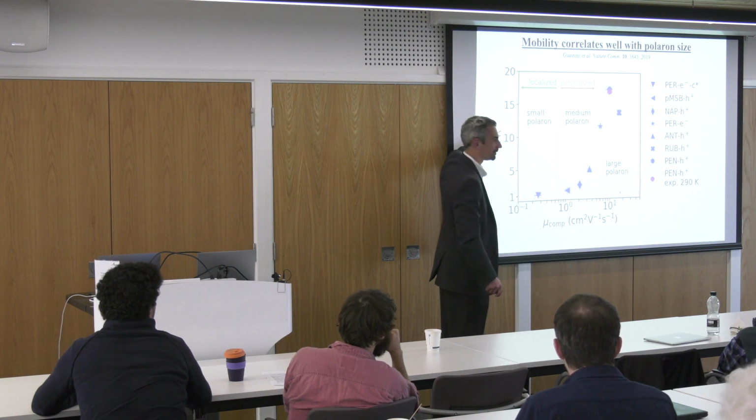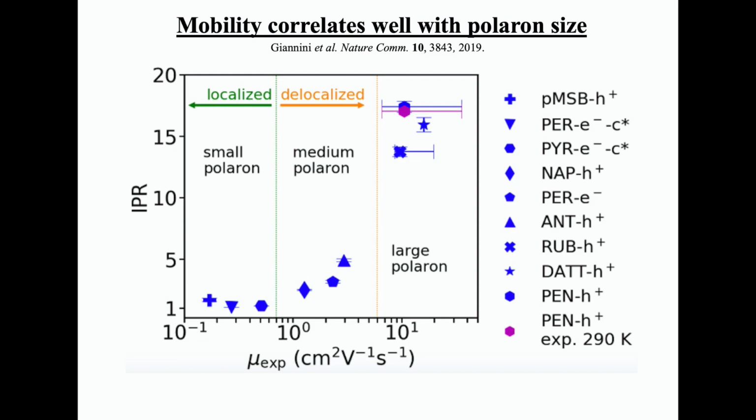This is the inverse participation ratio, the number of molecules over which the excess carrier is delocalized, versus mobility. You see, as mobility increases, IPR increases. Not a big surprise here again. For pentacene, we match the value from electron spin resonance pretty well.